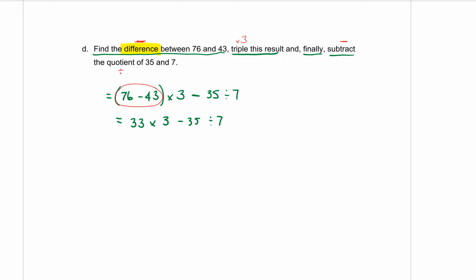So that means this multiplication is going to have to be first. 3 times 33 is 99. Great. So we have 99 minus, write the rest down. Okay, still have a division there. So that division is going to have to happen next. 35 divided by 7 is 5.